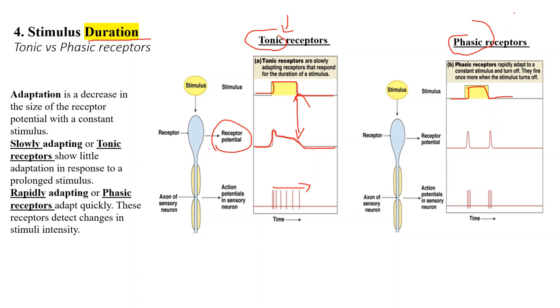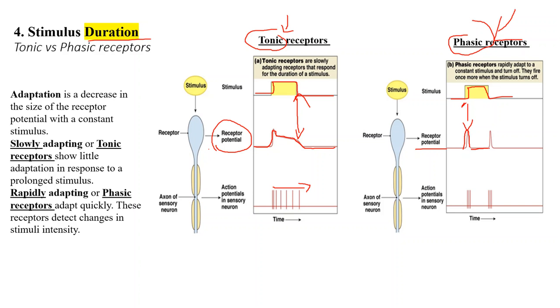Now let's look at the phasic receptors. The phasic receptors respond differently because there is a receptor potential that is initiated upon the beginning of the stimulus over here, but it goes down right away.